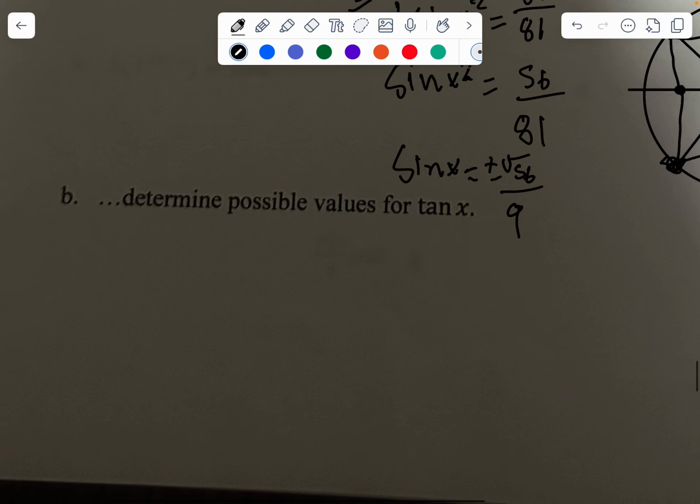Determine possible values of tangent. To determine tangent, you do sine divided by cosine, or sine times 1 over cosine, or basically you just flip cosine.